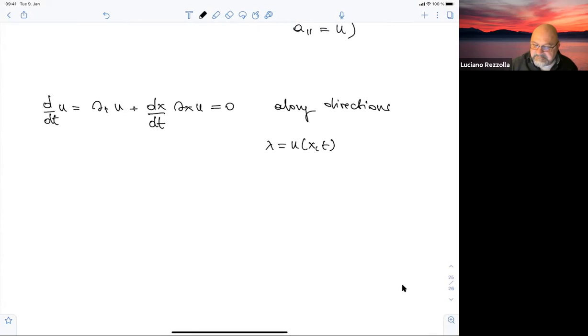So the directions are no longer all the same. These will be functions of position and time.